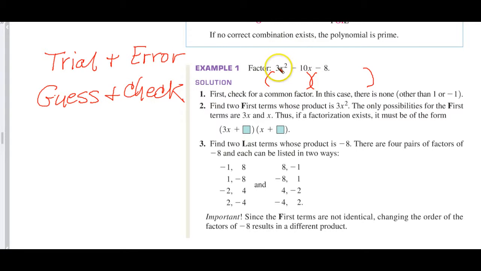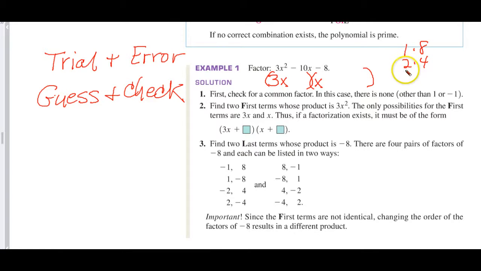But now 3 is not a 1, but there's only one set of factors for it, so that works out very well. So we know it has to be a 3 and a 1 here that we don't write. Now for our 8, we have 1 times 8, 2 times 4, and that's about it.